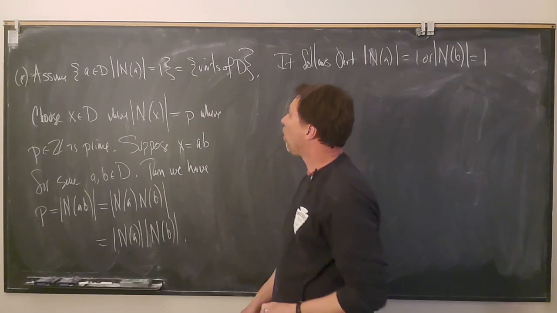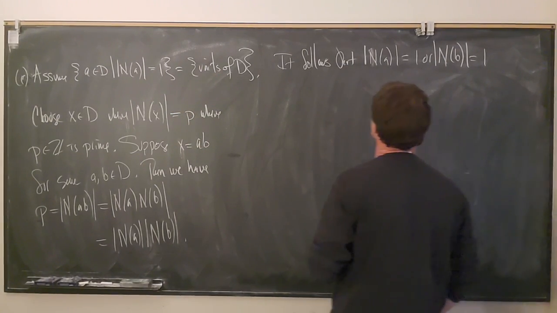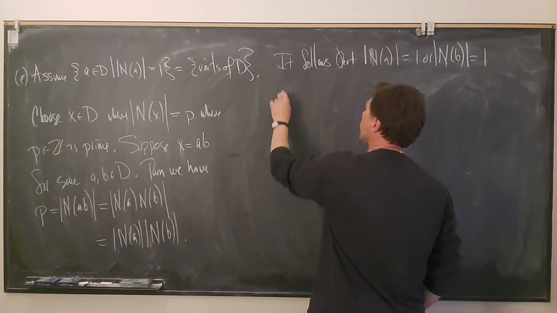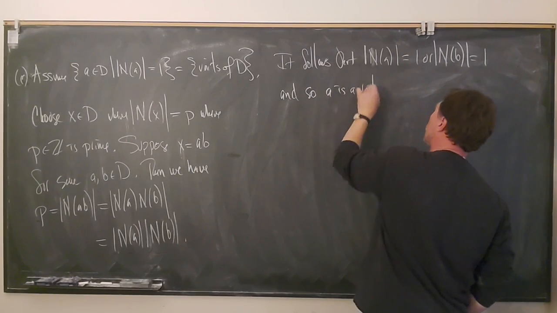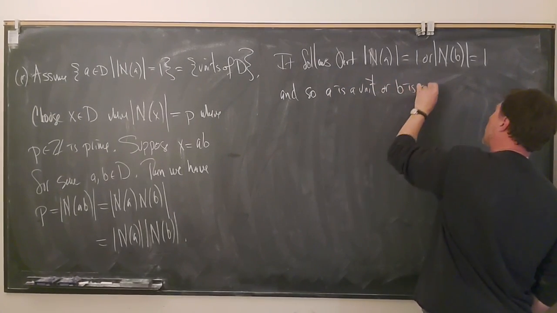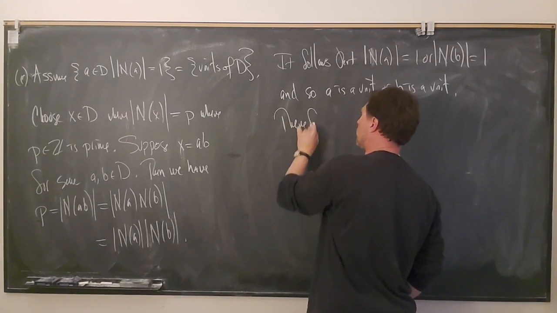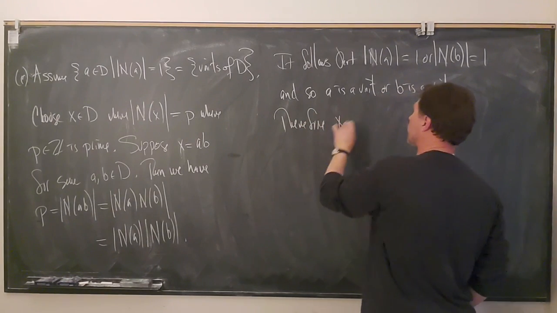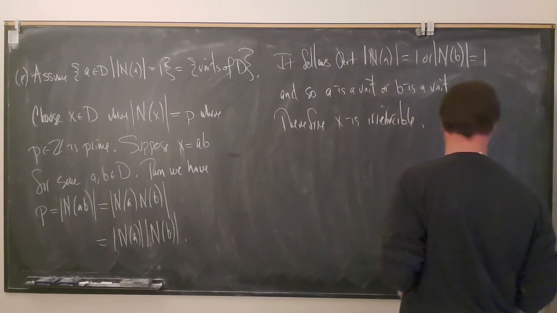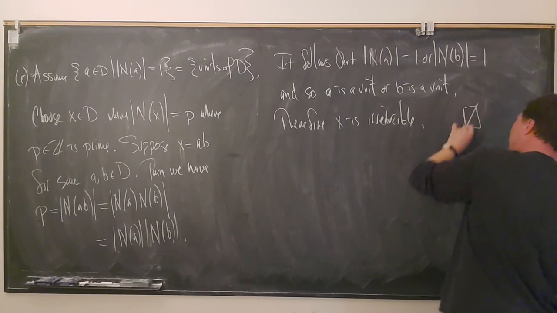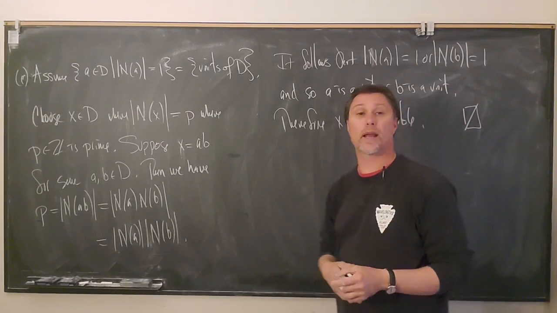We assumed that you only get an output of absolute value 1 if you're a unit. So A is a unit, or B is a unit. Therefore, X is irreducible. Okay, so that completes the proof, and this is a good place to stop. We're going to see how to make use of this multiplicative norm business in our next lecture. All right, see you then.